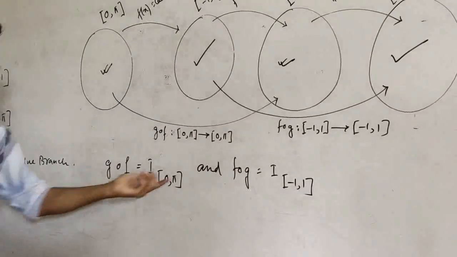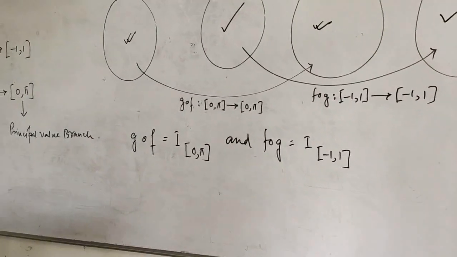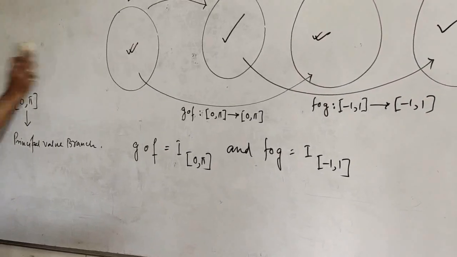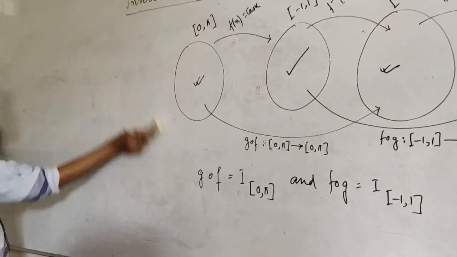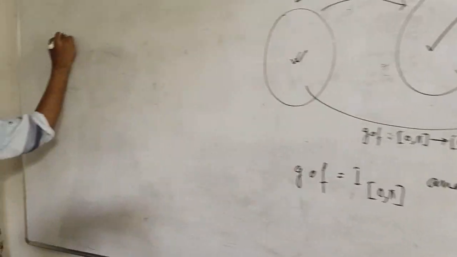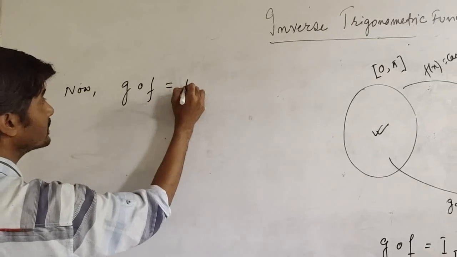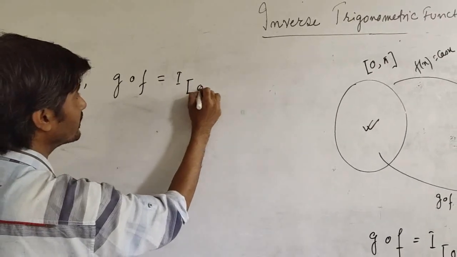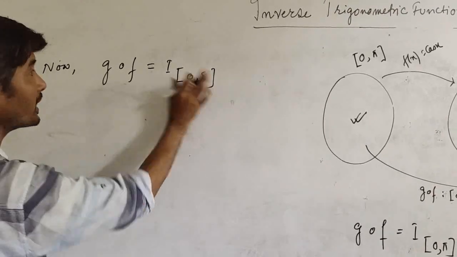এতিয়া আমি এই যেটা fundamental result পাইছো তাৰ পৰা আমি কি পাও চাও. আমি দেখা পাইছো যে g of f টো হল এটা আইডেন্টিটি ফাংশন আৰু f of g টো হল আনটা আইডেন্টিটি ফাংশন. Now g of f is the identity function in the interval 0 to pi. That is, the domain of this function is the interval 0 to pi.